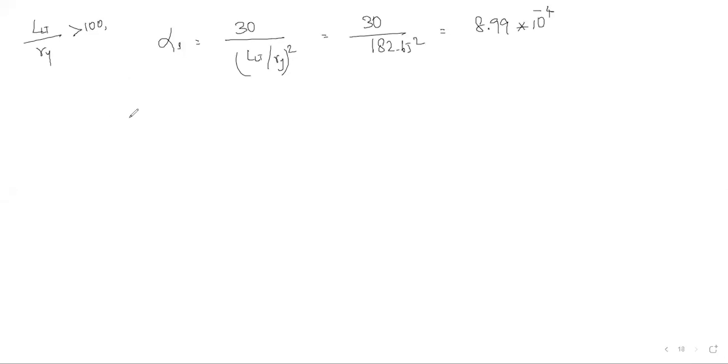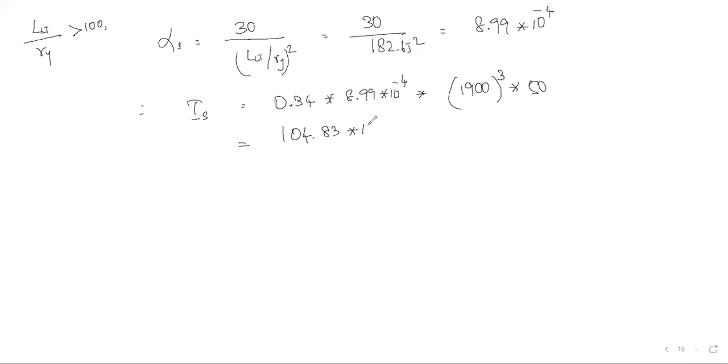Therefore, Is value is equal to 0.34 into 8.99 into 10 to the power minus 4 into D cube, overall depth 1900 cube, into 50. So it becomes 104.82 into 10 to the power 6 mm to the power 4.